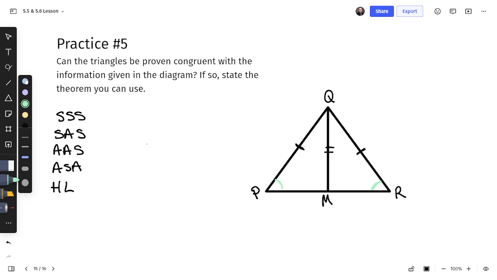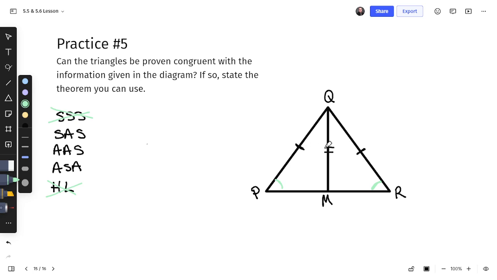Right off the bat, we do not see any right angles in this problem. So, hypotenuse-leg is out. We also cannot conclusively say that side PM and side RM are congruent, which means that we can't say that all three sides are congruent. So we're left with side, angle, side, angle, angle, side, or angle, side, angle.